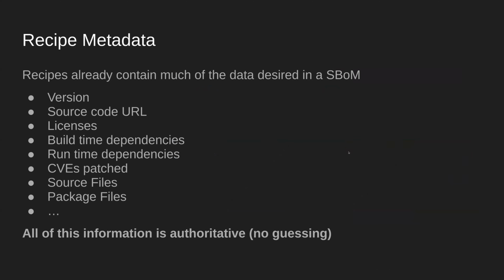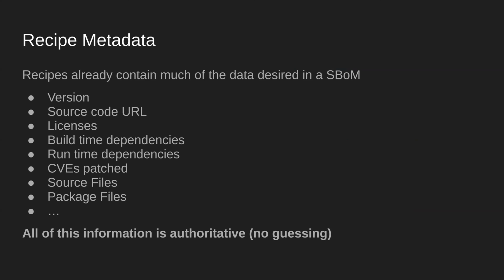Because we have all of this recipe metadata, and a lot of this metadata is the stuff that we actually want to know and put into our SBoM. Our recipe metadata has versions and source code URLs, and it's got the licenses. And because we built everything, we know the runtime and build time dependencies. We had to know them in order to build the software in the first place.